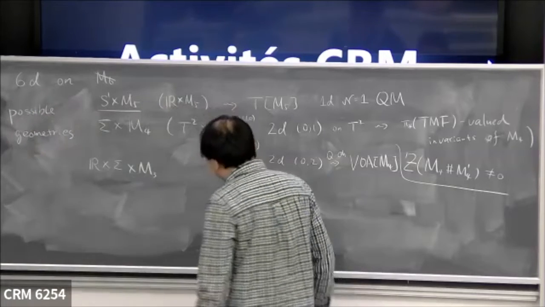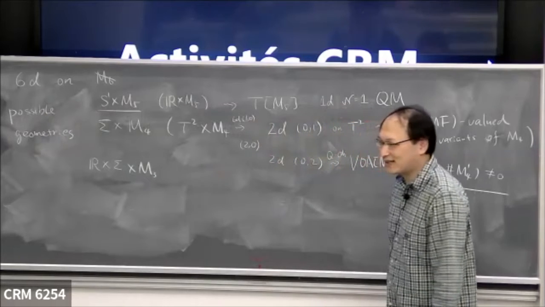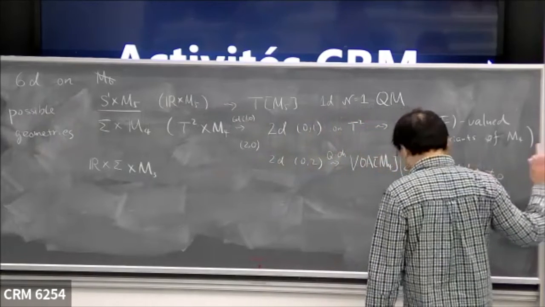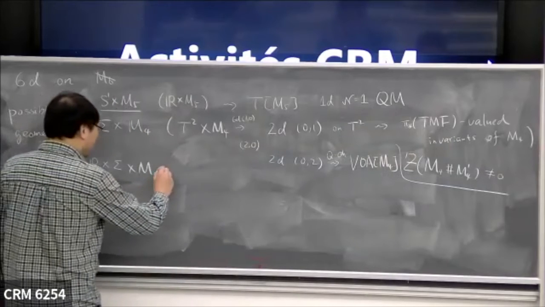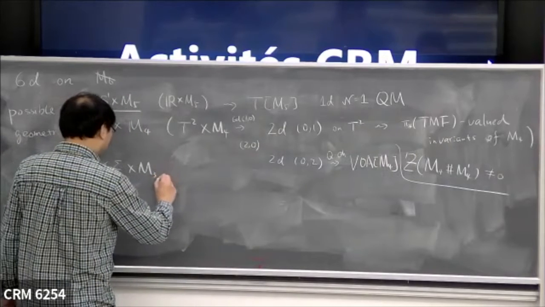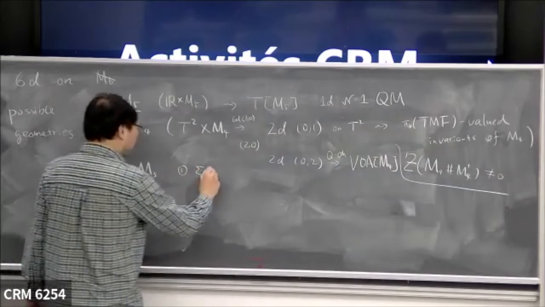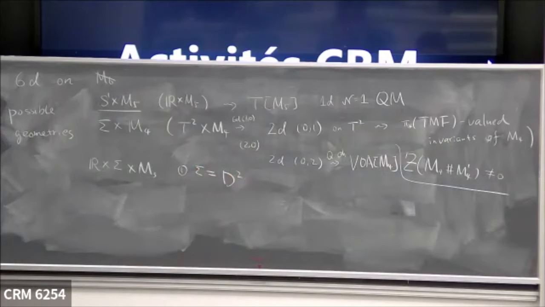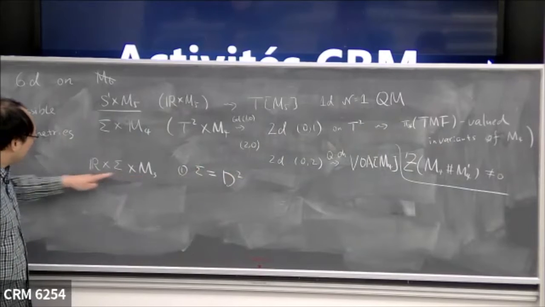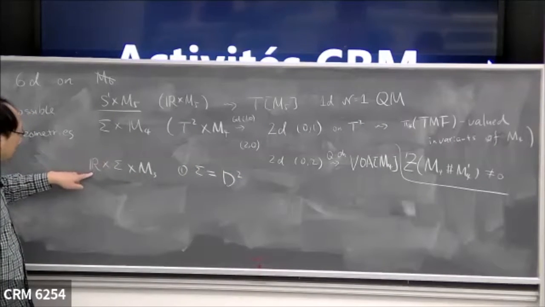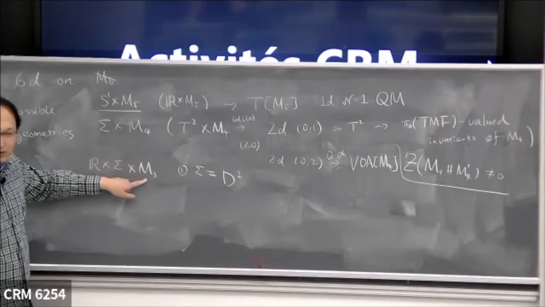But this is a geometry in which we can reproduce a lot of stuff that we had. So what can we do? Here, if we take sigma to be a disk, what happens is that we are going to have some 1D quantum mechanics living in this R direction labeled by 3 manifolds.